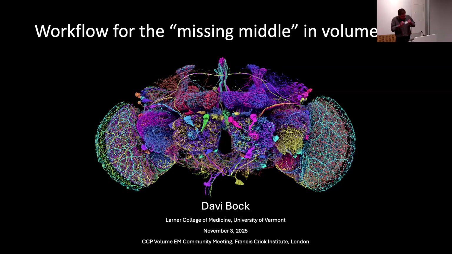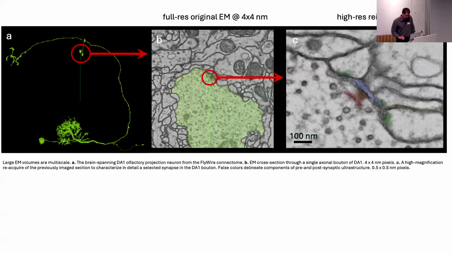I'll just make a couple points about the TEM data. Back in the day, we had the so-called isotropy wars, where anisotropic voxels were thought to be highly inferior, isotropic voxels were superior. And for those, in case anyone doesn't know, that just means our voxels were 4 by 4 by 40 nanometers.